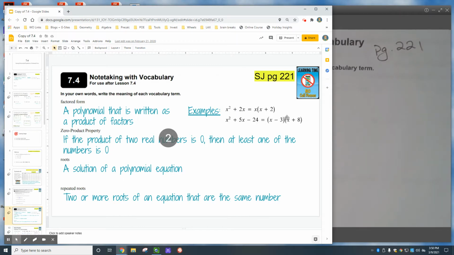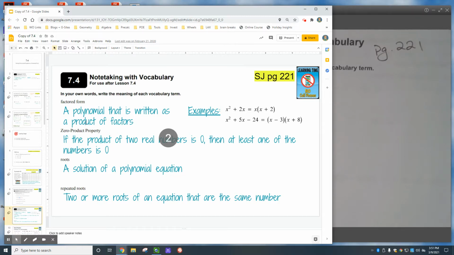Similarly, we've started with something like x minus 3 times x plus 8 and multiplied that out and ended up with a trinomial like x squared plus 5x minus 24. In this section, we're going to be going from the polynomial to factored form rather than the other way around.